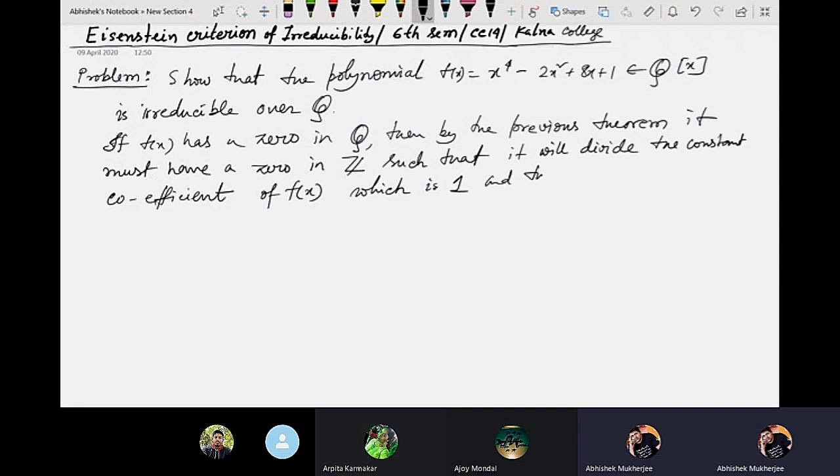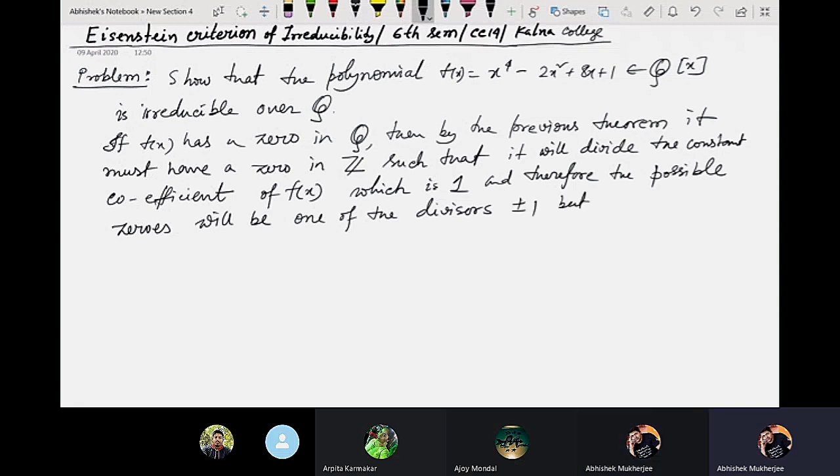And therefore, the possible zeros will be one of the divisors, plus minus 1.